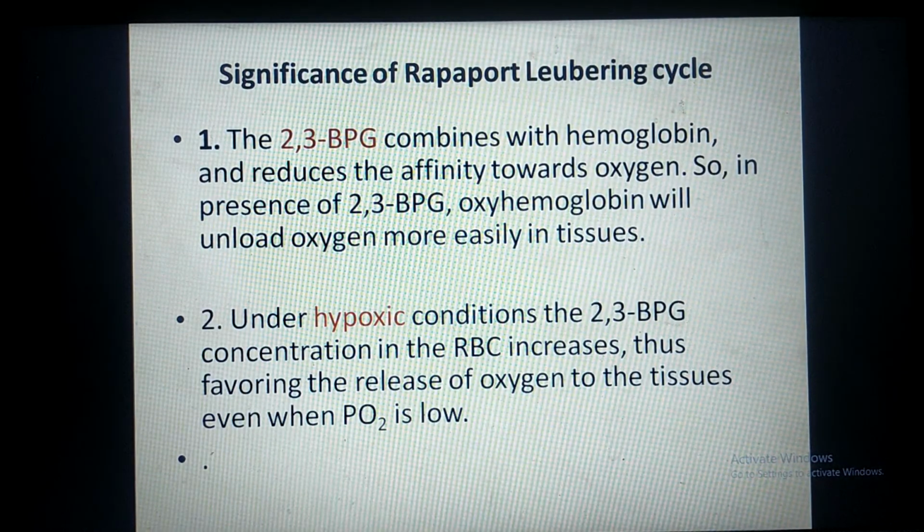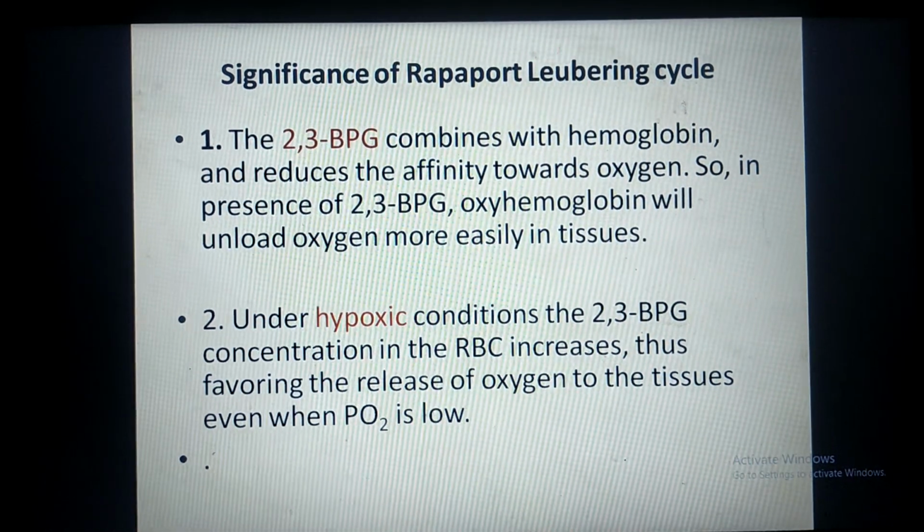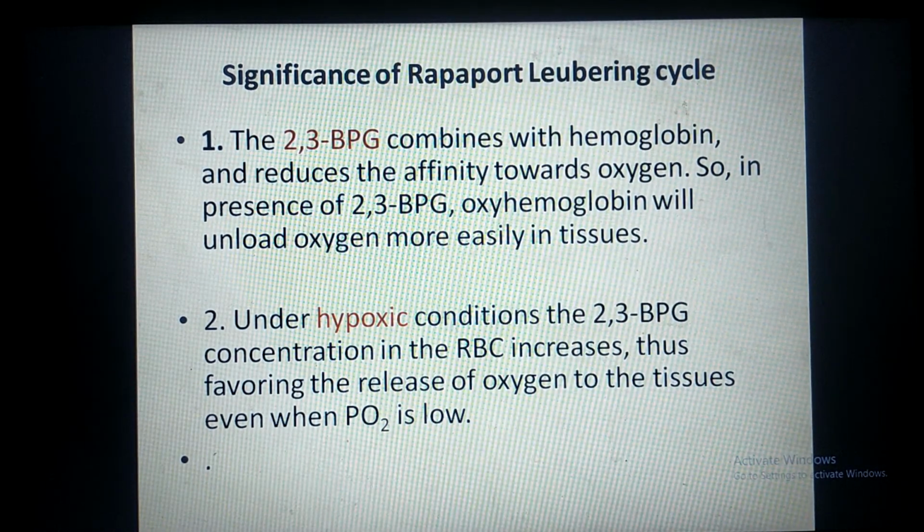Significance of the Rapoport-Luebering cycle, as I have told you, 2,3-bisphosphoglycerate, BPG, forms in the Rapoport-Luebering cycle. This 2,3-BPG binds with the beta chain of hemoglobin.